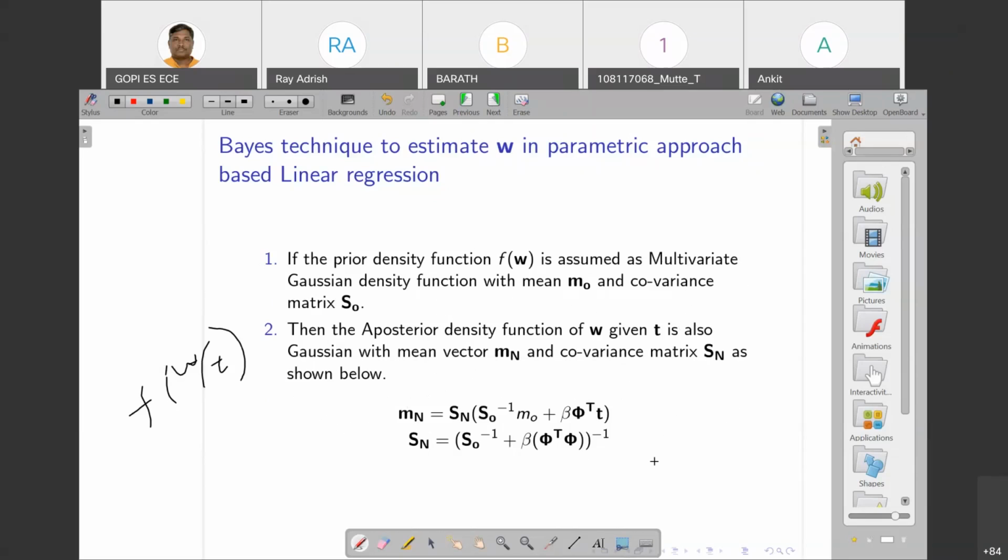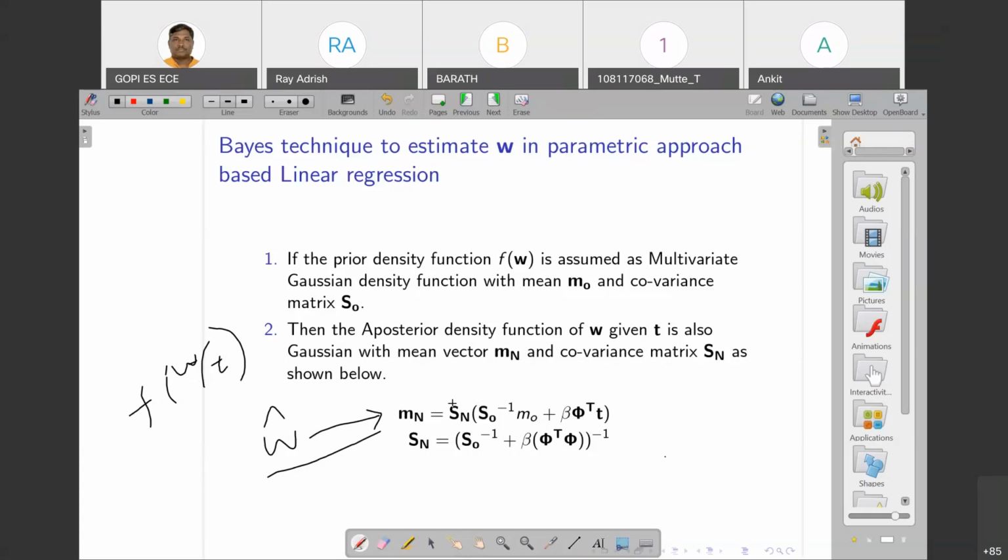So once this is known, your solution, the estimate W cap, is nothing but Mn that we discussed. These things we already discussed. I'm just recollecting what we discussed in the previous class. So your W cap, the estimate, is Mn itself.